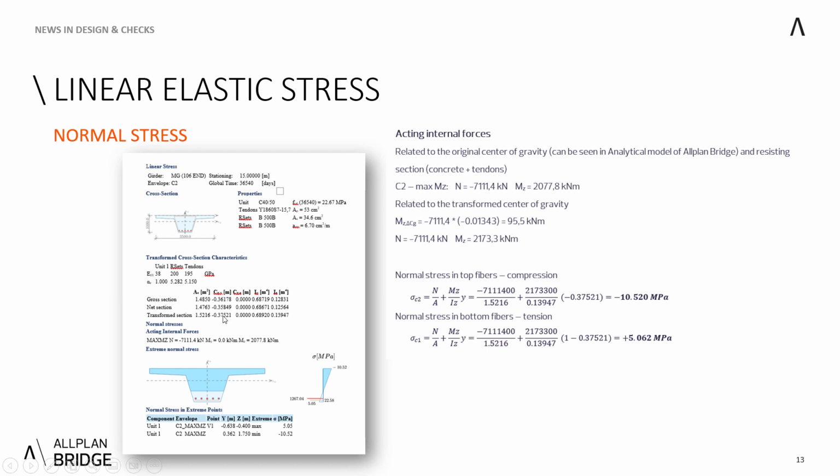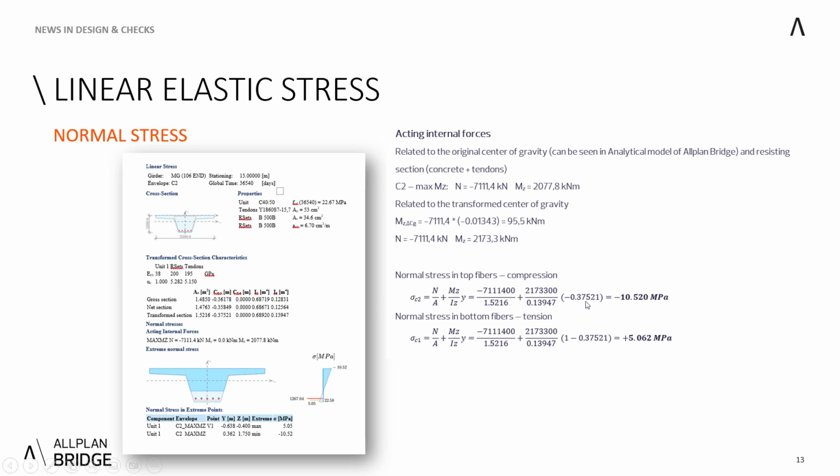Therefore, as you can see here, there is a difference between the CJY of the cross section and transformed section, and the difference is around 13.4 millimeters, which gives you additional bending moment of 95.5 kilonewton meters. And by adding it to the already existing MZ, we will get the final numbers that we can use for the well-known equation.